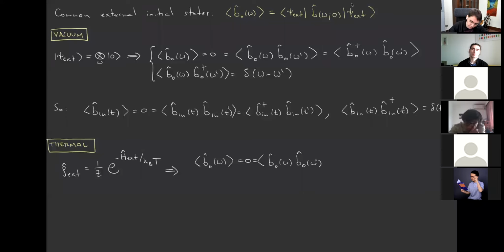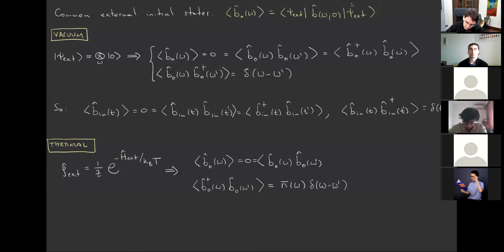On the other hand, the difference with the vacuum state is that now the photon number is not 0. In particular, this is equal to the Bose-Einstein distribution, but only if you are evaluating a second order moment for the same frequency, okay?